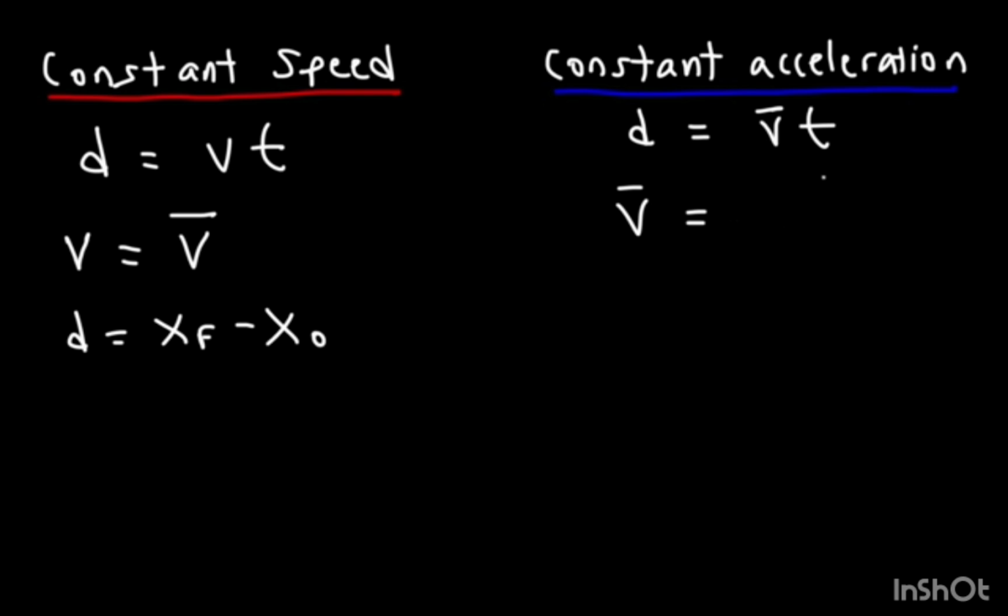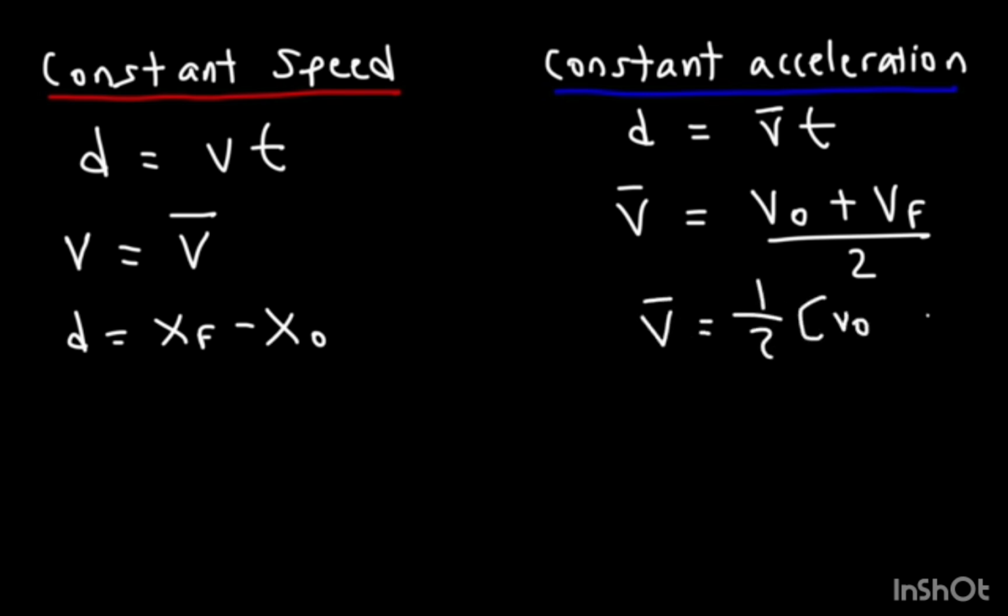Now average velocity is the average of the initial velocity and the final velocity. So it's basically the sum of the initial and the final velocity divided by 2. Or you can write it this way: 1/2 (v initial plus v final).